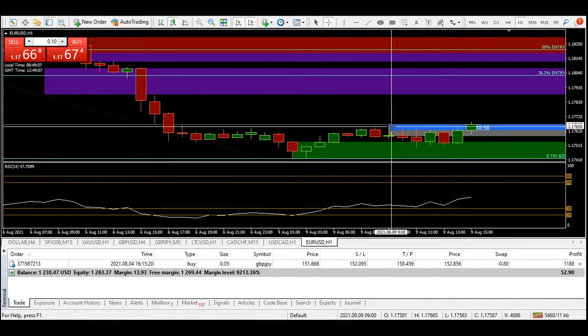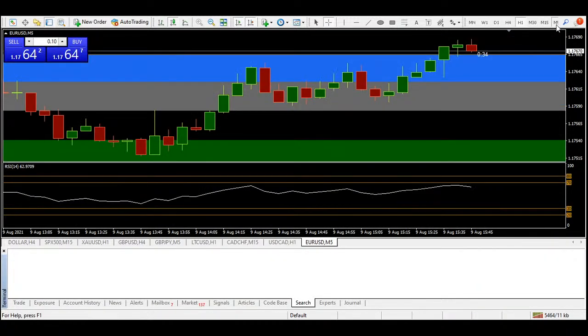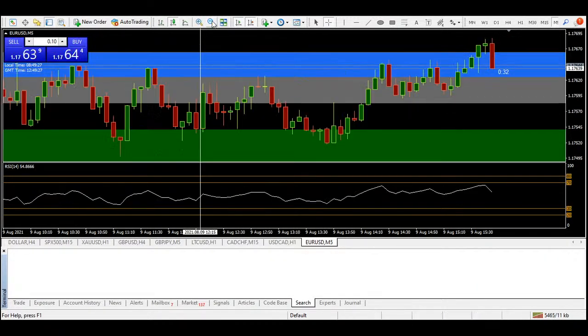Potential imbalance here. Well, if that counter closes as a doji, we won't, and then it will shoot up. Right. So I'm glad I didn't enter in on that scalp.